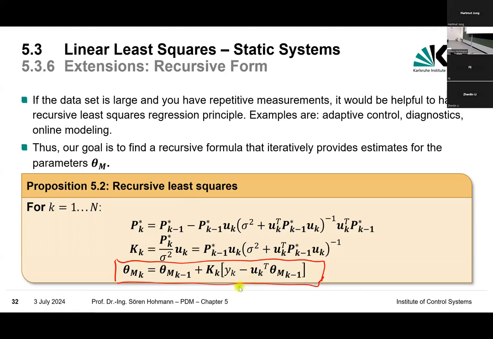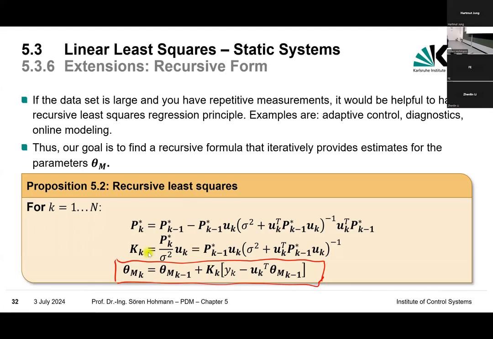And then, depending on my trust, I include it. So let's have a look at this K_k. K_k is just a matrix which, well, amplifies or does not amplify this deviation, what you mentioned exactly. And therefore, this matrix K_k should, as you said, depend on the trust.